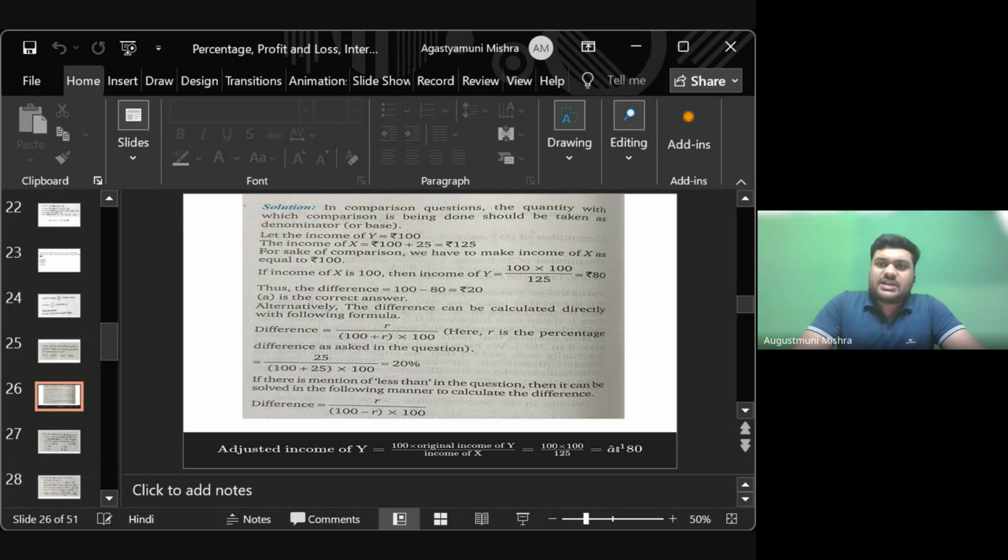So please explain after taking income of X as 100. Okay, ma'am, here you are using one formula. I'm just telling you about that.